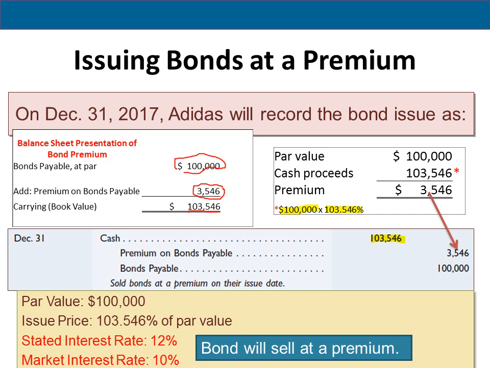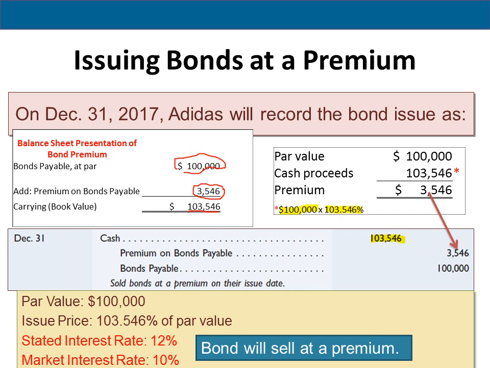So again, the premium on bonds payable is an adjunct or associated account to bonds payable, and it has the same normal balance as the related account, and they are added to the bonds payable on the balance sheet. So adjunct accounts work similarly to contra accounts. If you remember the contra account, the discount on bonds payable, the one we had been discussing when we discussed bonds sold at discount.